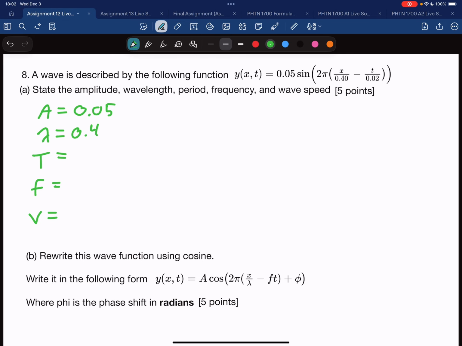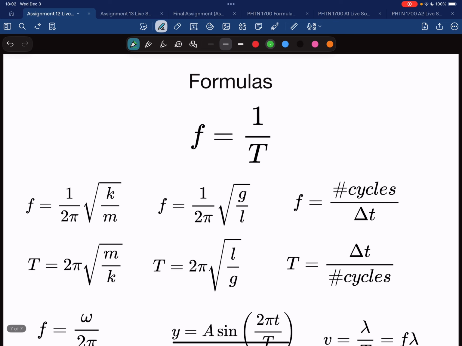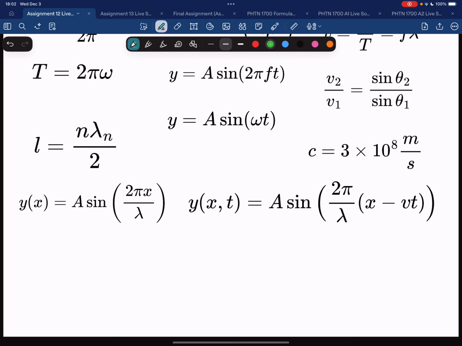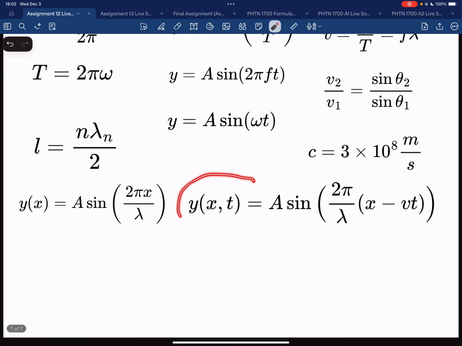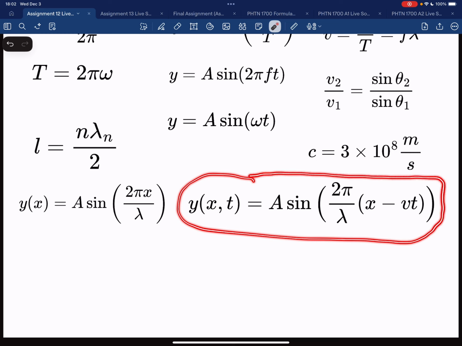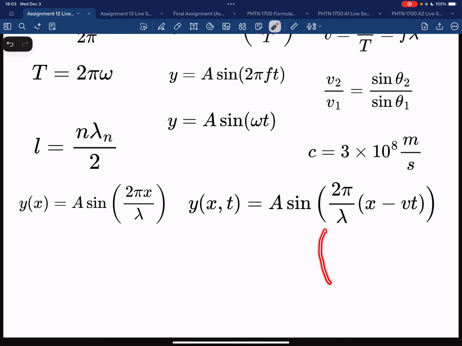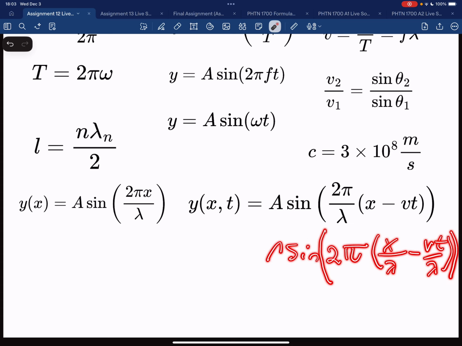Looking at the formulas, what I'm looking at is this formula right here. This is 2 pi over the wavelength in the brackets times x minus vt. If I were to multiply that 1 over lambda through, I'd be left with 2 pi x over lambda minus vt over lambda, with the amplitude times sine in the beginning.